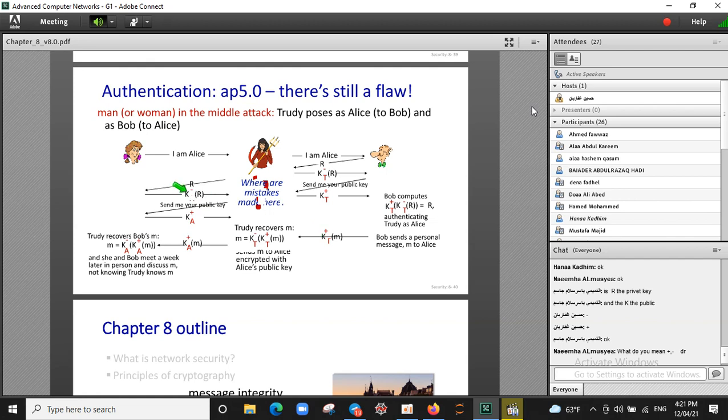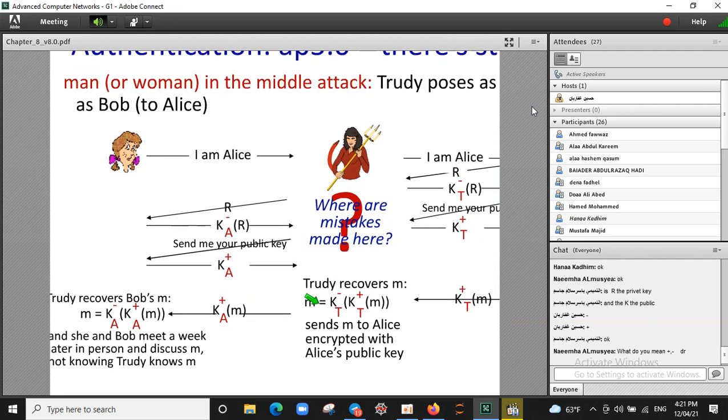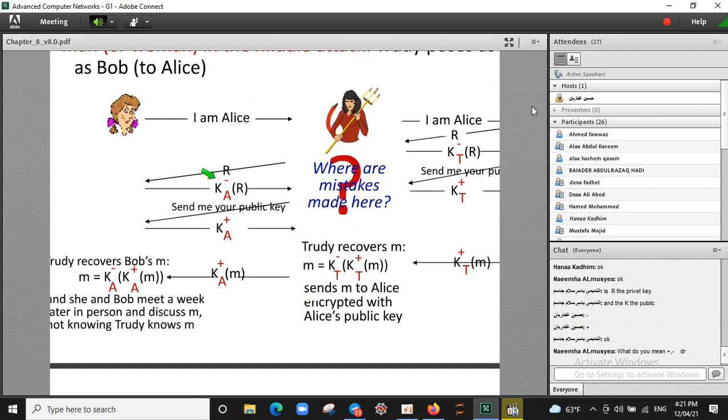Here, look at this one here. I'm looking at this one here, or here. This is minus or plus. If I write K with a minus sign, I mean a private key.